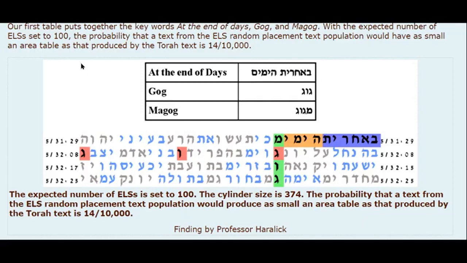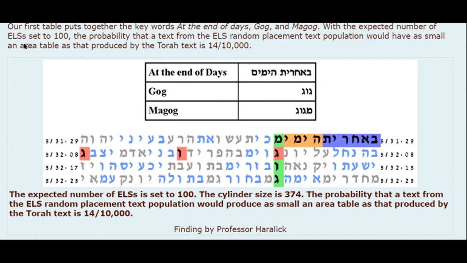About this one, Robert Haralick writes that our first table puts together the keyword at the end of days, in Hebrew be'achrit hayamim, and also Gog and Magog, with the expected number of ELS.